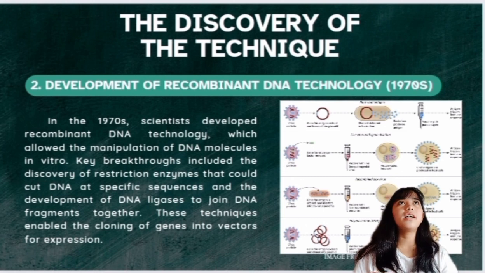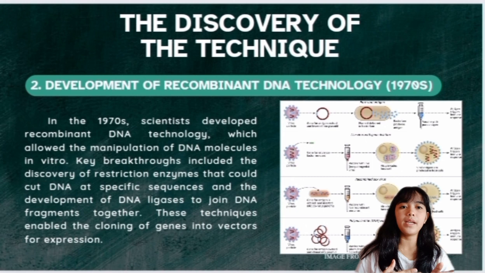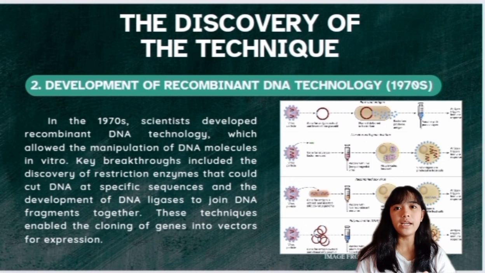Another thing about the development of the recombinant DNA technique is that it made it possible to study the sequence of the genes, to understand the inherited diseases, and to produce gene-encoded medications such as the insulin and the growth hormone.